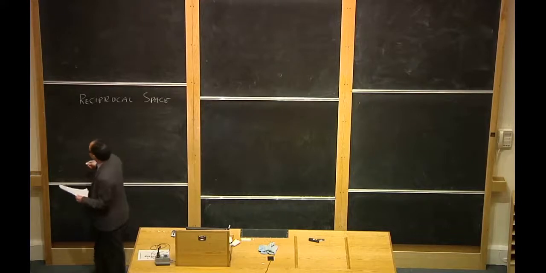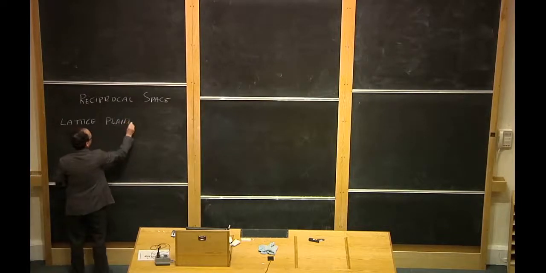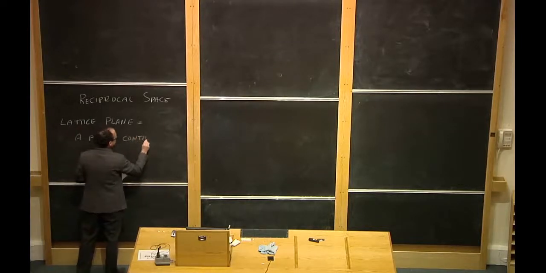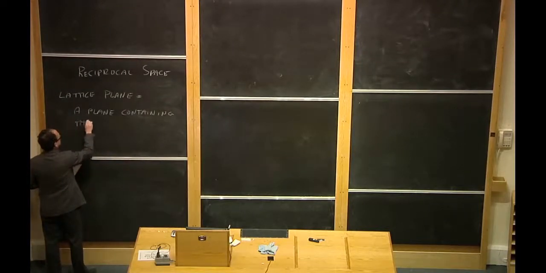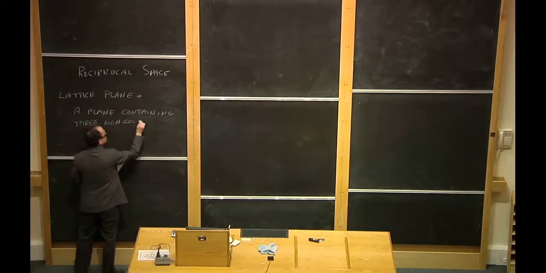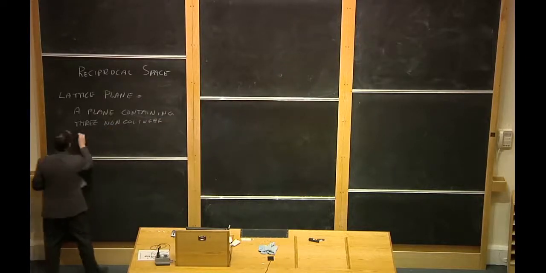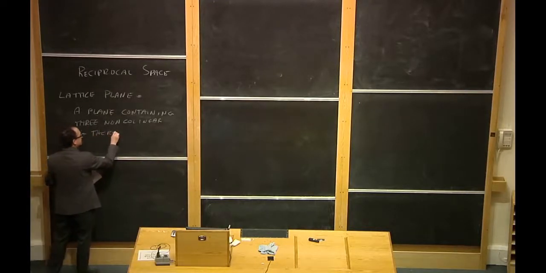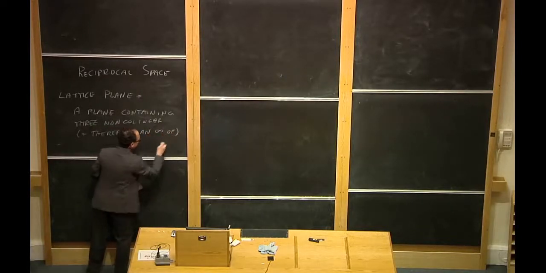So I need some definitions as usual. Let's start with a simple definition. A lattice plane equals a plane containing three non-collinear, and therefore an infinite number of, lattice points.